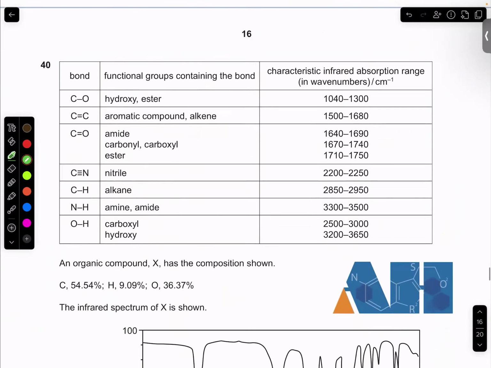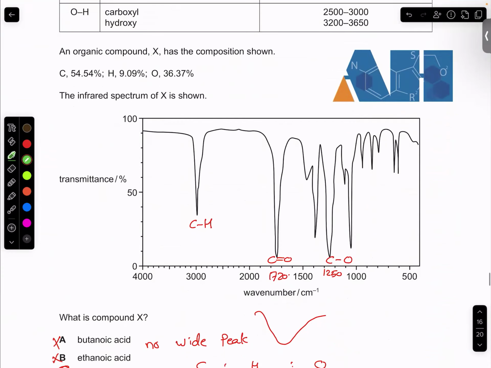The last question. An organic compound X has the composition shown: C is 54.54, H 9.09, and O 36.37. The infrared spectrum of this compound is this one.